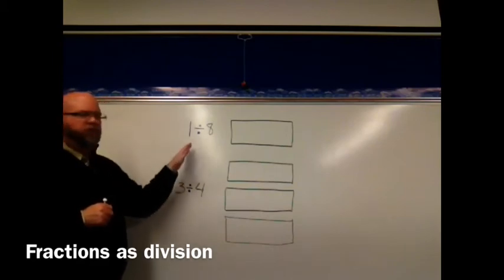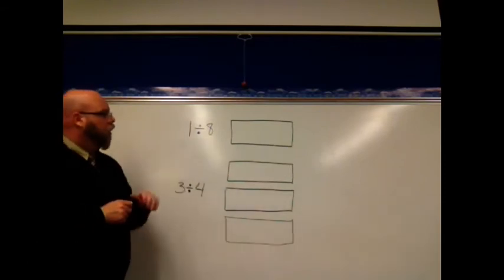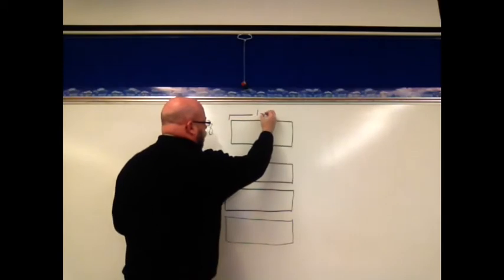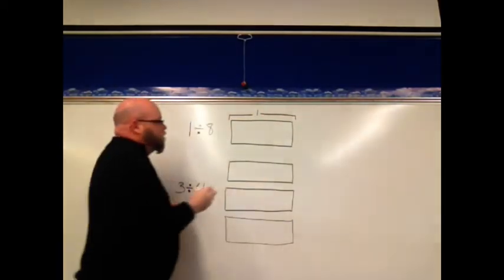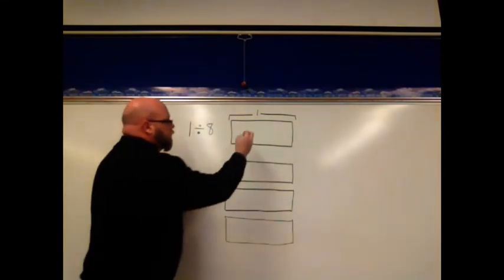If we're looking at just a really simple example, 1 divided by 8. So I've got 1 whole here, and I want to divide that 1 whole into 8 equal pieces.